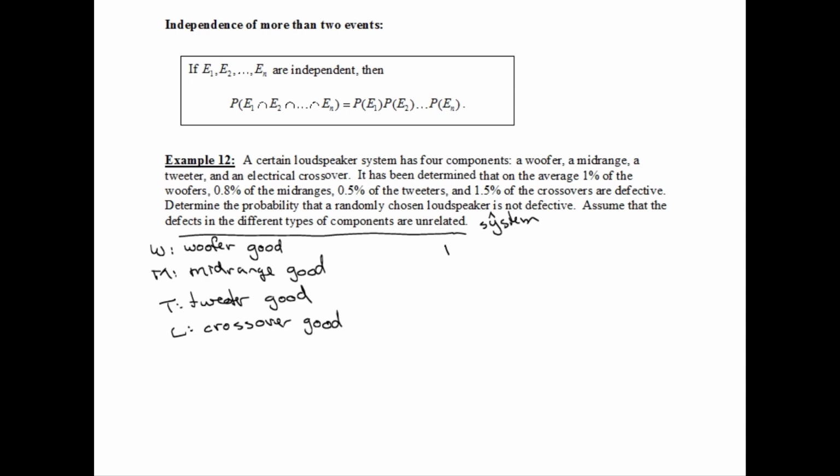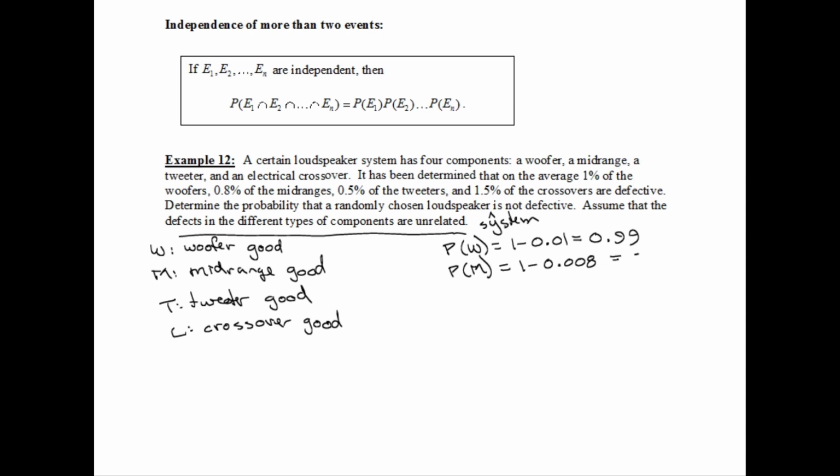Okay, now let's figure out the probabilities of each of these. The probability that the woofer is good, well, it hasn't given us that, but it's told us how many of the woofers are defective, 1%, so we convert that to a decimal and subtract it from 1 to figure out the probability that it's good. That puts us at 0.99. 1% are bad, therefore 99% are good. Do the same thing for the mid-ranges: 1 minus, careful with your decimal places, 0.08 would be 8%, we want 0.008.